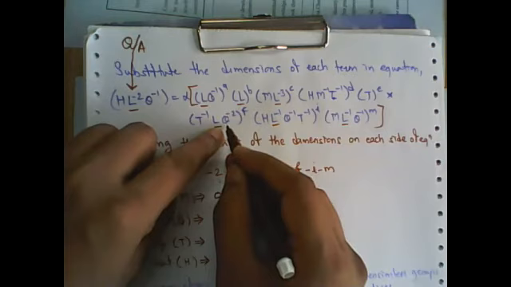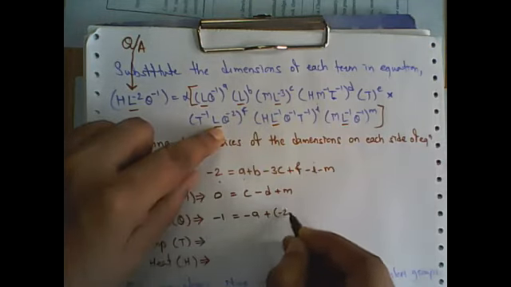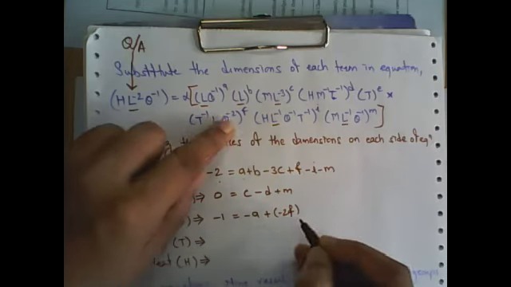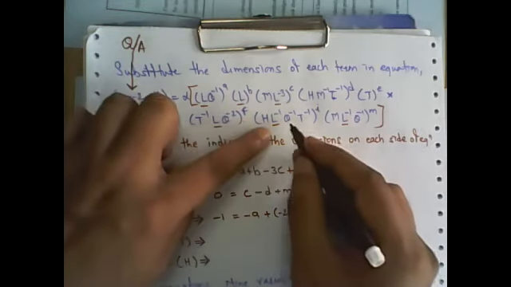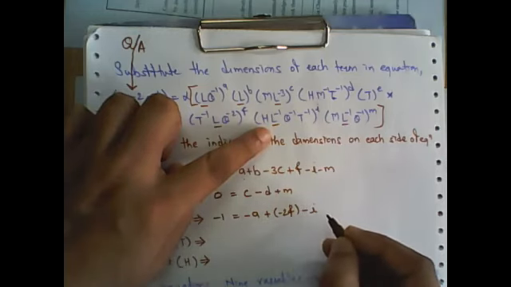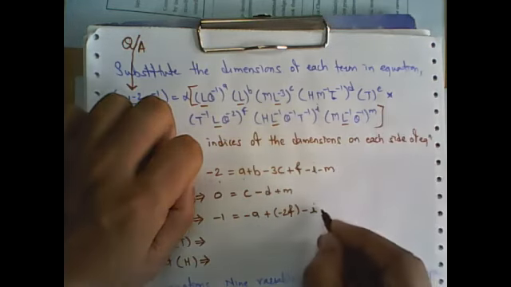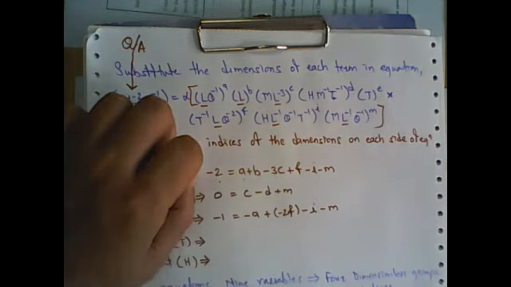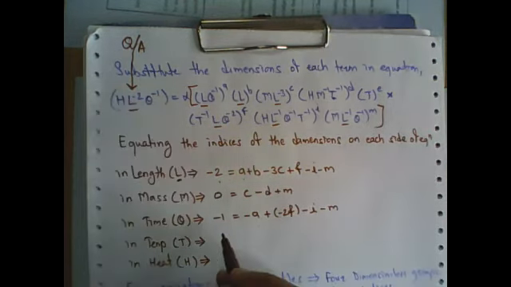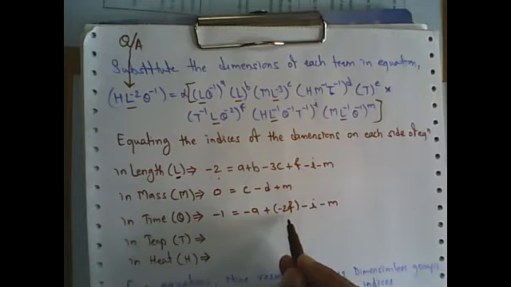Now here theta raised to -2f, minus 2f. Now here theta raised to -1 I, minus I. Now here theta raised to -1 into m, that is minus m. Now in terms of theta, it becomes -1 equal to minus a minus 2f minus I minus m.